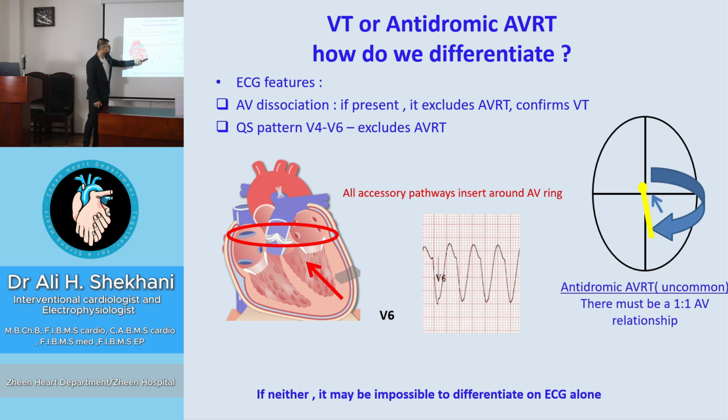So any problem in the apex goes with VT rather than accessory pathway. So whenever you have QS, a deep Q, in V5 or V6, it means it is VT, because the accessory pathway does not reach V5 or V6. And if you have AV dissociation, again it goes with VT.